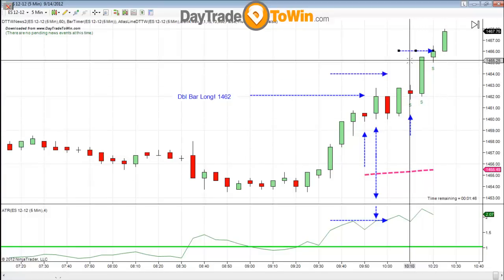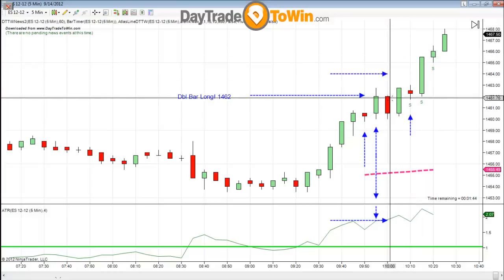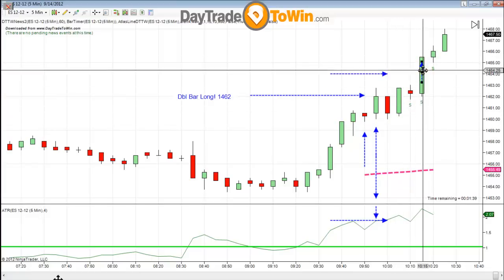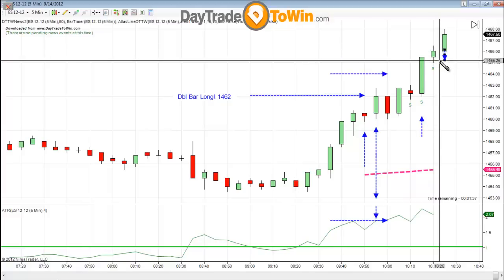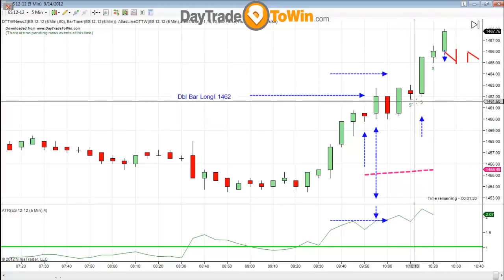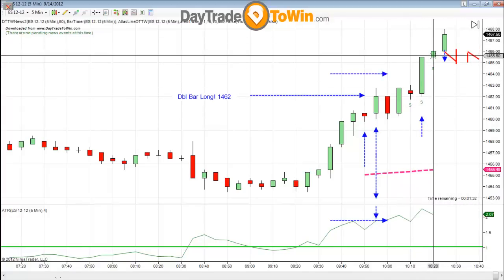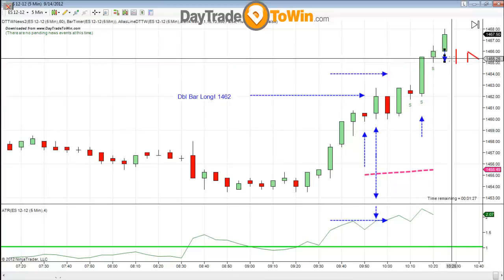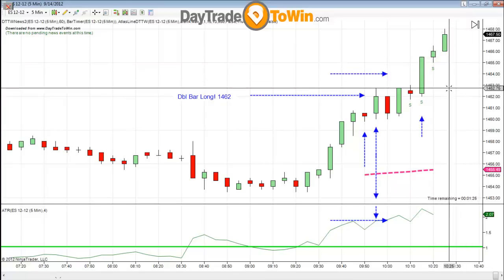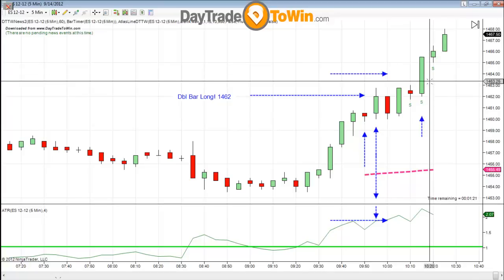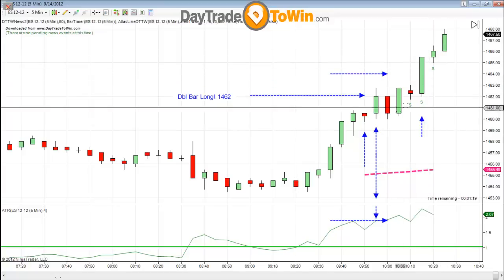Now you have to be careful, especially with strength trades, that the price has not moved so far with strength that it may now take a break like this. So if this had moved substantially higher, I would be more concerned that the market would be weaning or taking a break before it maybe comes down or maybe continues higher.